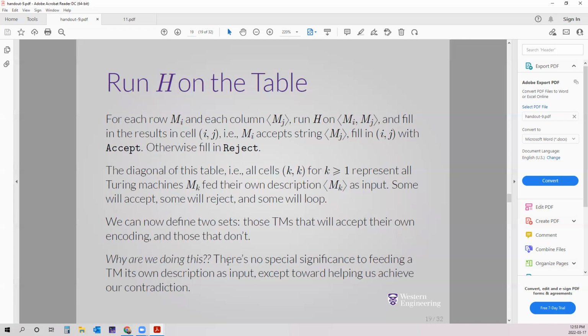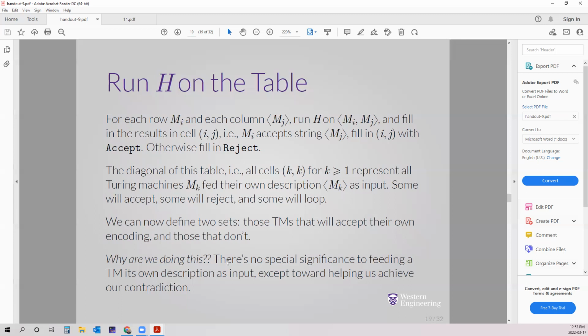The diagonal of this table, all cells (k, k) for k greater or equal to 1, represent all Turing machines Mk fed their own description as input. Some will accept, some will reject, some will loop. We can now define two sets: those TMs that will accept their own encoding and those that do not.